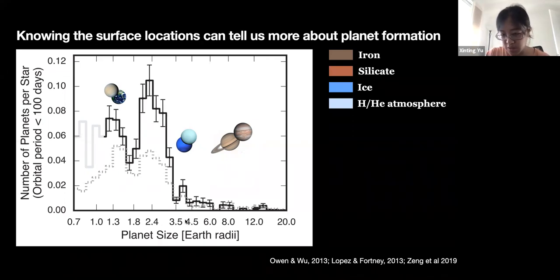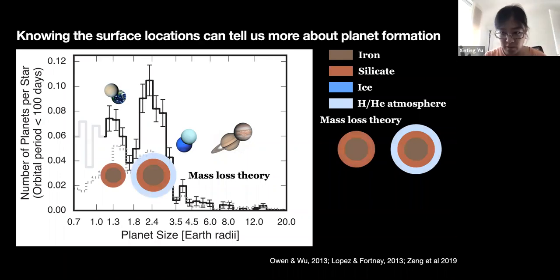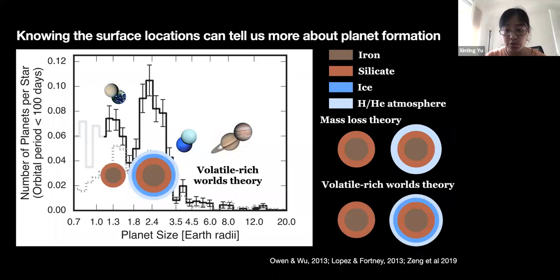The first, more popular theory is the photoevaporation theory, which says the smaller planets are highly irradiated and finally lost most of their atmospheres, leaving pretty much bare rocky cores, while the larger radius planets are less irradiated, so they keep their very thick atmospheres. The other theory, slightly less popular but not yet ruled out, is the volatile rich world theory.